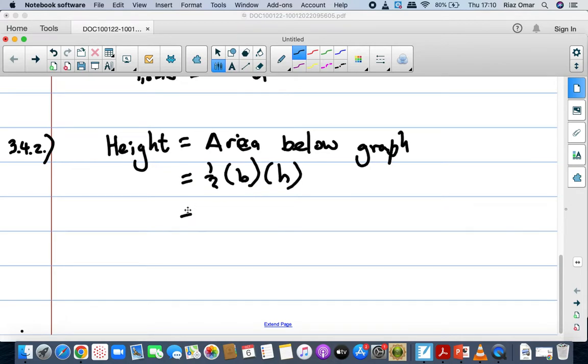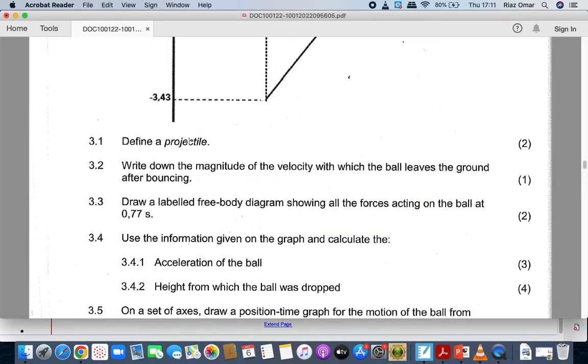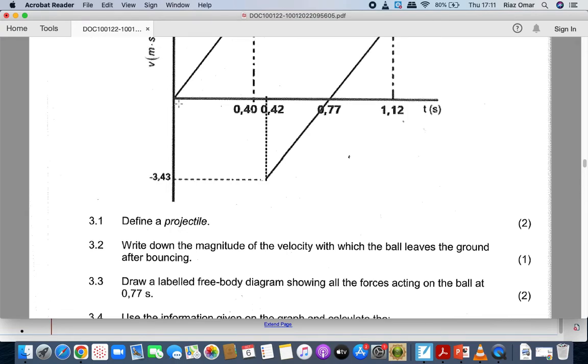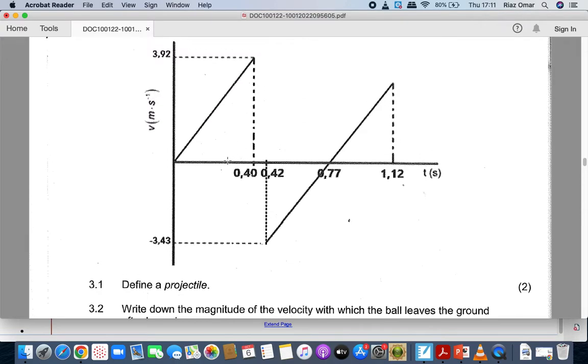If you look at the base of the triangle, it will be 0,4, and your height will be 3,92. From here to here will be 3,92, and your base will be from 0 to 0,4.